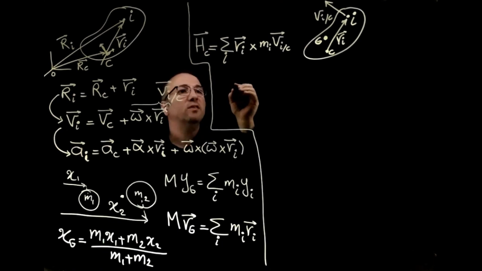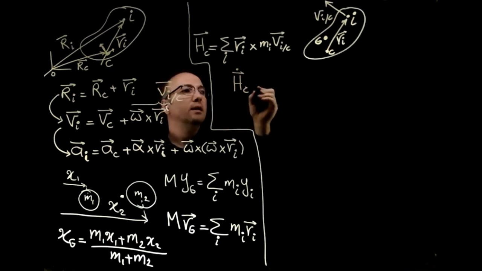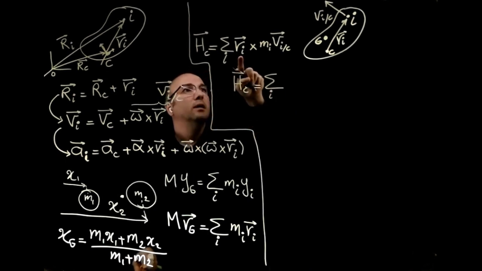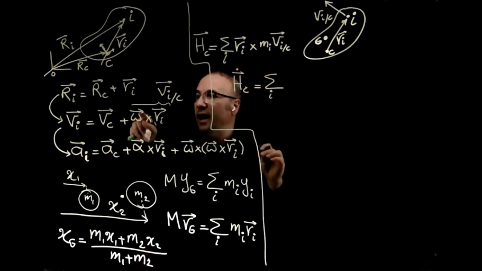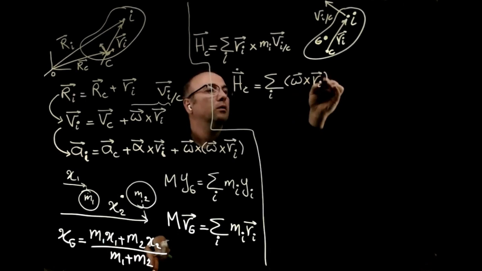Now let's see how that would change in time. What is the derivative of that? The derivative would be, again, a summation over i. The derivative of this, like before, would be omega cross Ri cross Mi Vic.